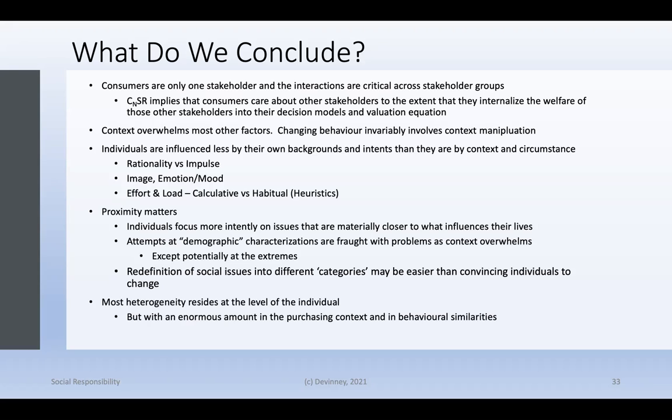And then finally, we go back to this thing that I've always talked about, and that is that heterogeneity resides at the level of individuals. What this means is that even in the case of consumer social responsibility, or ethical consumption, don't think about trying to go beyond what the individual is doing, what the individual is thinking, how the individual prioritizes things.